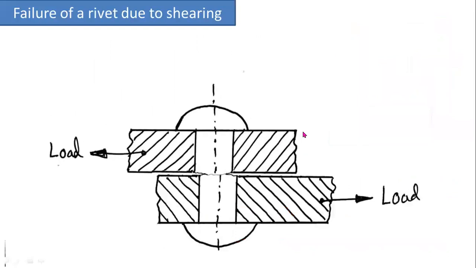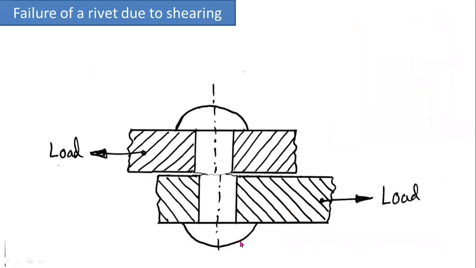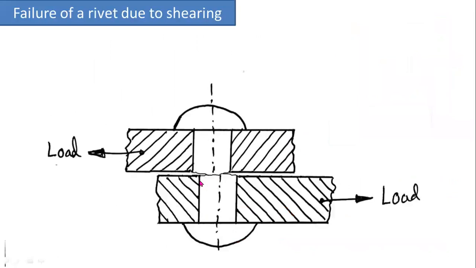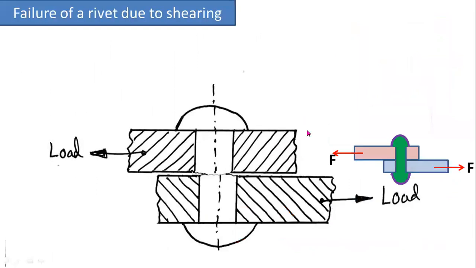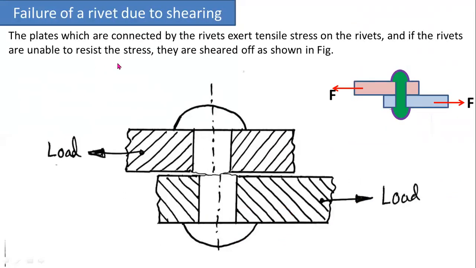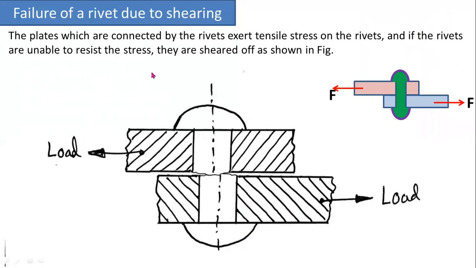Now this is the third failure, that is, failure of a rivet due to shearing. Here you can observe, when you are applying pulling forces on the plates, then the rivet may fail due to shearing. The plates which are connected by the rivets exert tensile stresses on the rivets, and if the rivets are unable to resist the stress, they are sheared off.